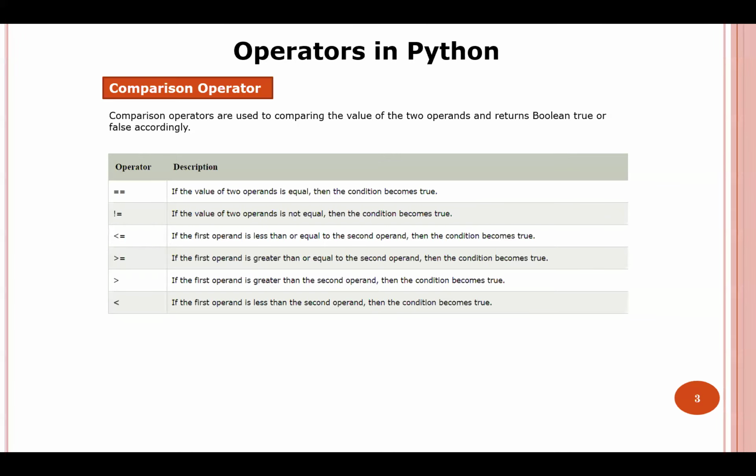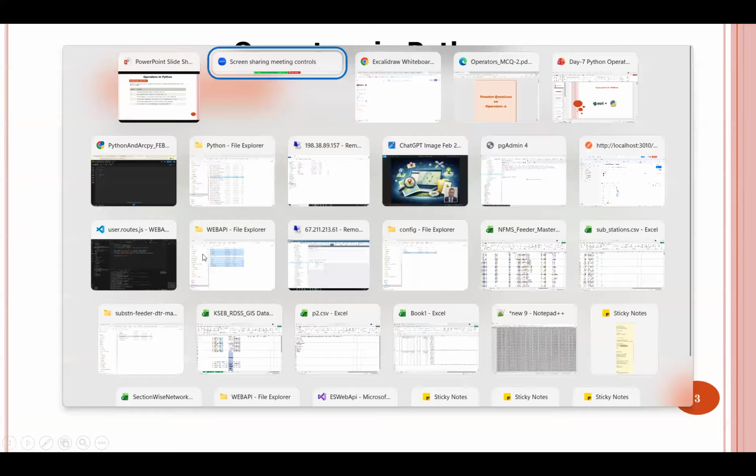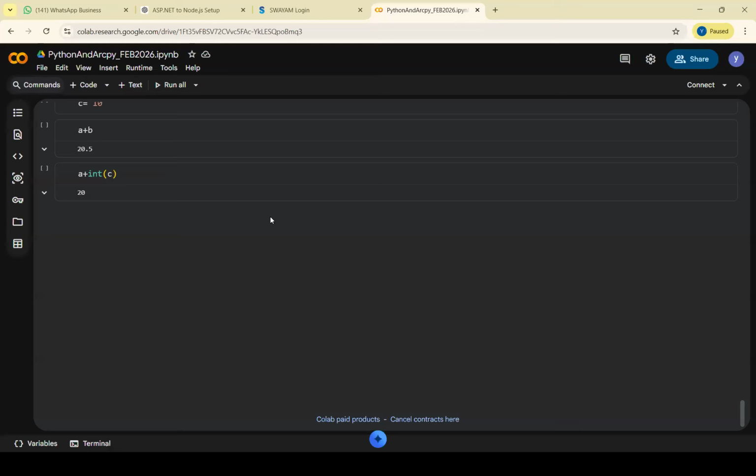And these are all the comparison operators we have. Is equal to, which checks the equality of two values. Second is not equal to, then less than or equal to, greater than or equal to, greater than, and less than. We already discussed all of these in our previous session along with examples.